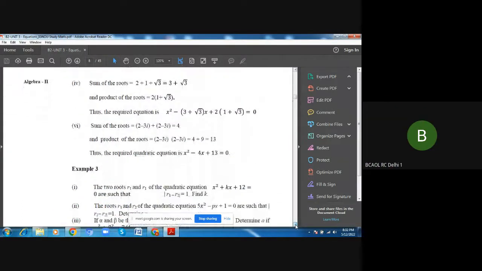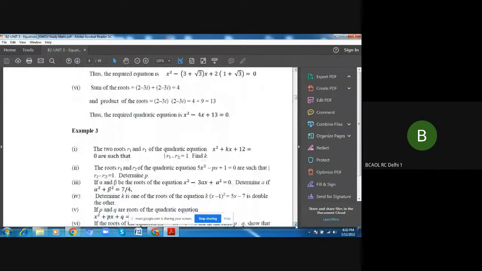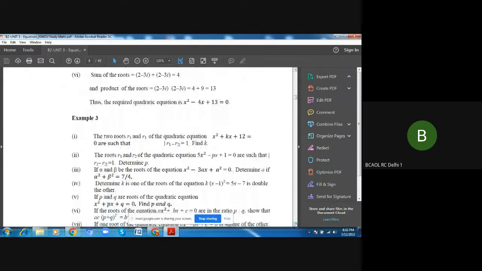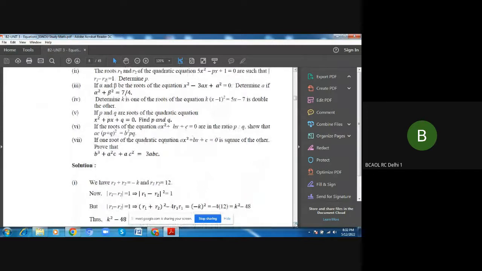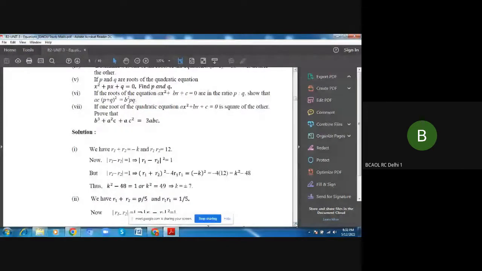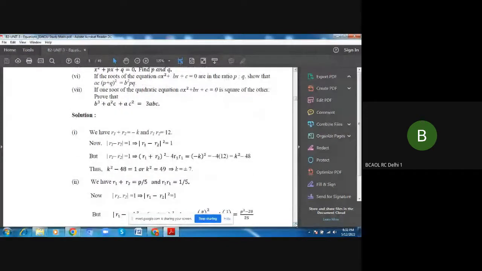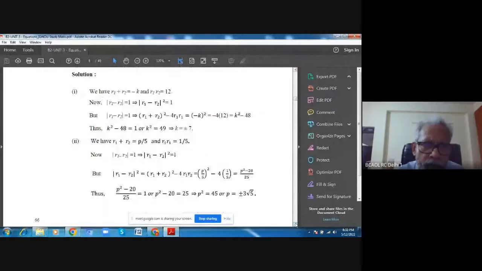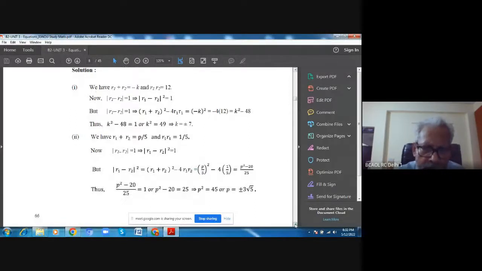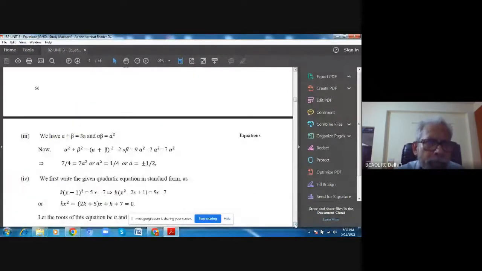Let's see any different type that you can do. Again same thing, alpha and beta are given.